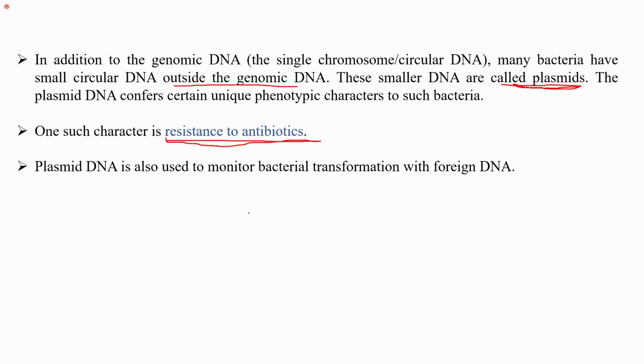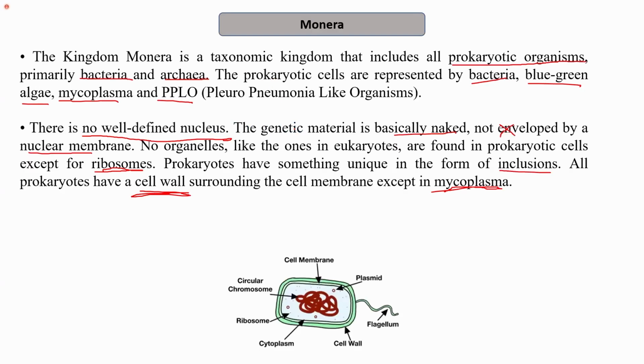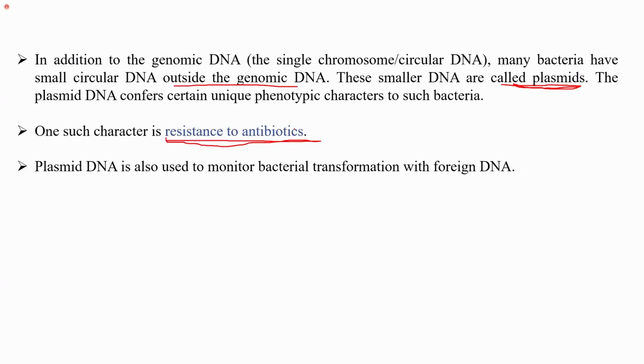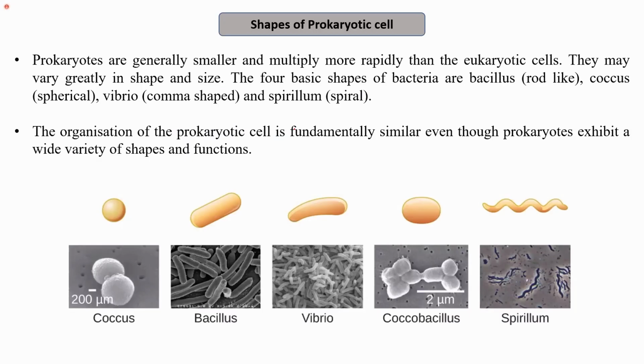These plasmids may provide resistance to certain antibiotics as they carry the antibiotic resistance gene. Therefore, they provide a unique ability to the bacteria for survival, one of which is resistance to antibiotics. So this was about the basics of the kingdom Monera, that includes mainly the bacteria and archaebacteria.